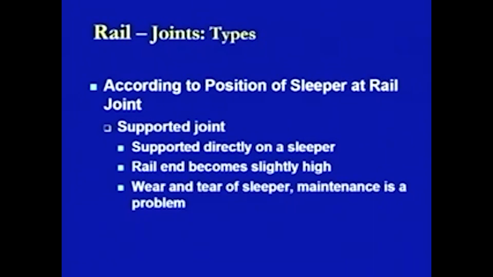And the wear and tear of the sleeper and maintenance are some of the problems associated in this case, because the load which is being transferred to the joint is directly coming to the sleeper, and the whole of the load is going to be dispersed through that medium. In the previous case, when the sleepers were provided below the rail sections, the load was coming through the rail sections.